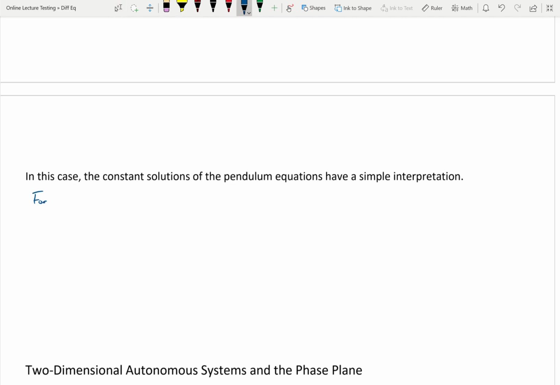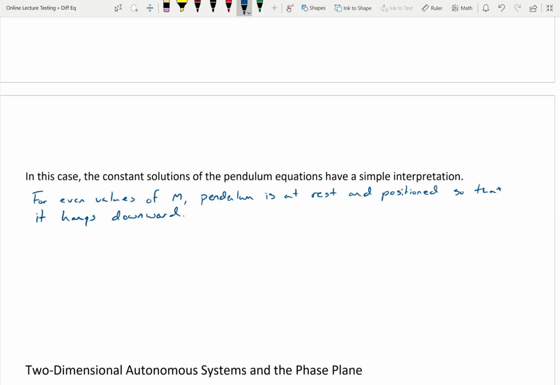For even values of m, this represents the pendulum is at rest, and is positioned so that it hangs downward.